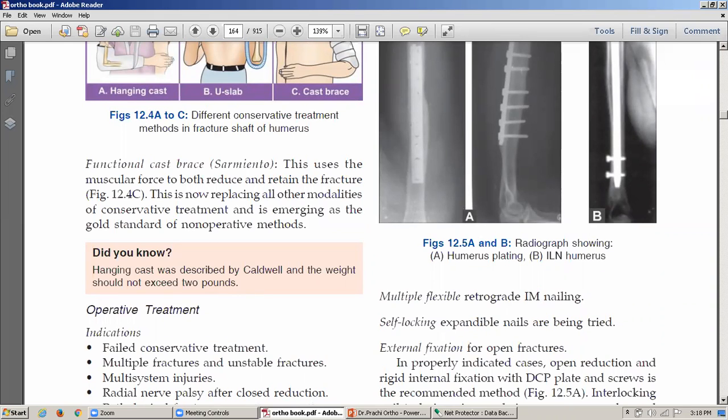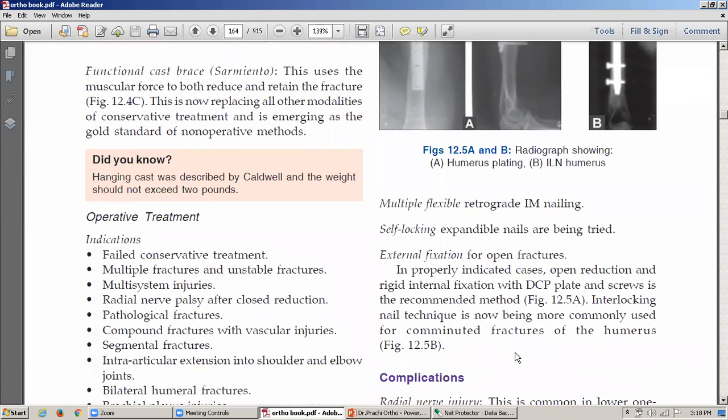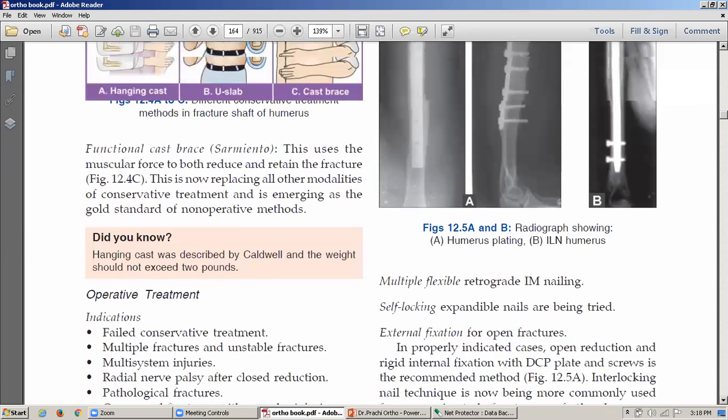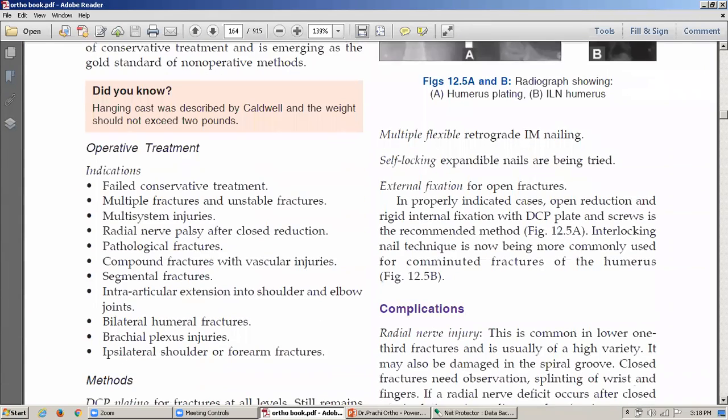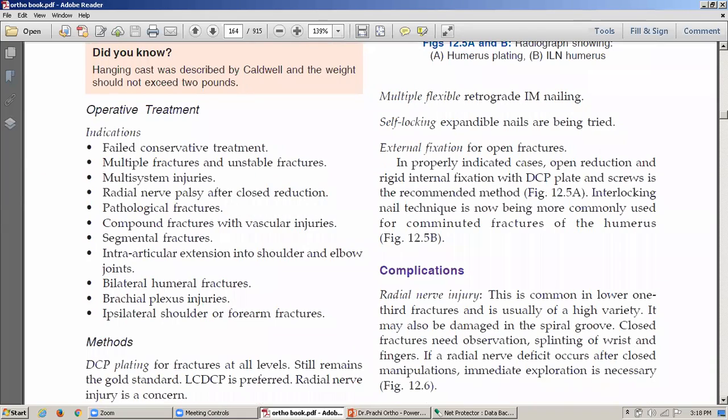Then interlocking nail technique is now being more commonly used for the comminuted fractures of the humerus. That is this one. That is the interlocking nail, ILN, of the humerus. When there is a comminuted fracture of the humerus, then this treatment is given.